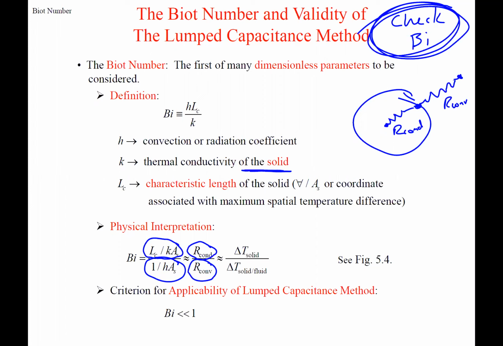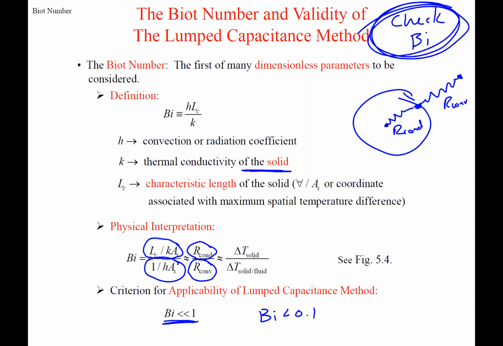If it's very low, the resistance of convection is much higher than the resistance of conduction. If it's very high, the resistance of conduction is much higher than the resistance of convection. What this means for lump capacitance is we want it much less than 1, so we'll use a criterion of less than 0.1.